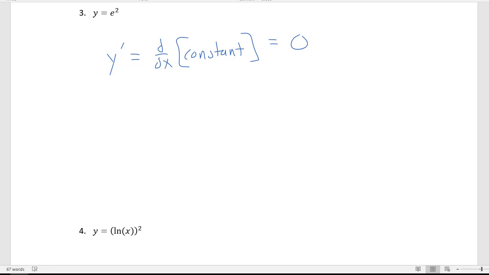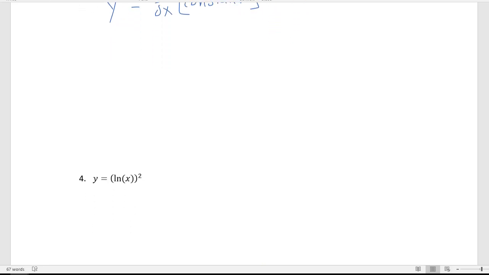All right, so let's take a look at number 4 here. In number 4, we're going back to, I think, our first example we did. So we have ln of x squared. So we really have a power rule here. We have the x as the base, and we have the fixed constant as the exponent.